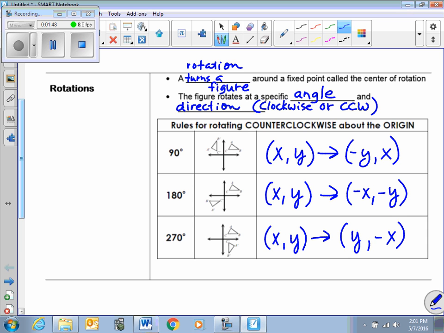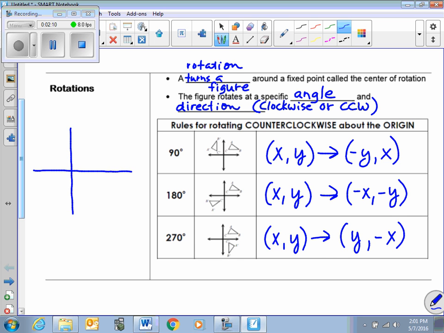If you should be asked a question, let's say the problem was to rotate something 90 degrees about the origin, and you're not given the direction. If the direction is not specified, then you're going to always rotate counterclockwise. Why is that? Because that's the way we measure angles.